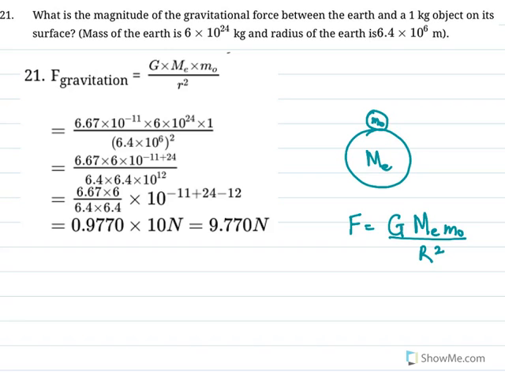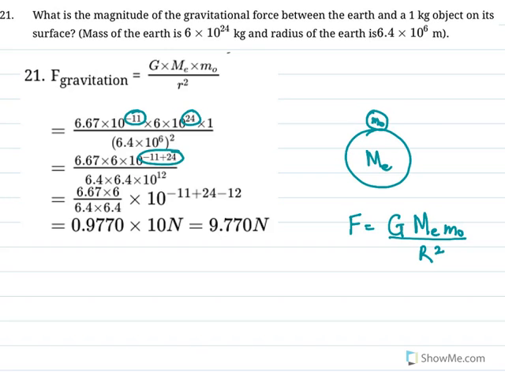Now all the values are given here. This is the gravitational constant G. Here is the mass of the earth. This is the mass of the object. Here is the radius of the earth square. In the next step, here you have minus 11 and plus 24.